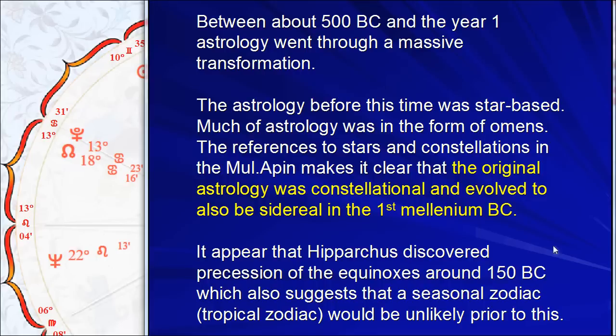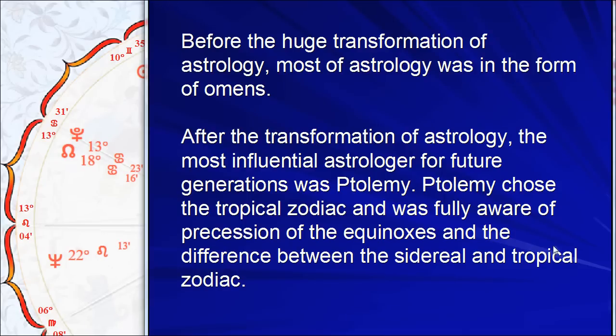So those astrologers who claim that the original astrology is constellational are correct. It is. But it depends on what you call astrology, because astrology becomes so radically different after 500 BC. And if you want to refer to astrology after it underwent this huge transformation, then at that point, after the transformation, constellations are not emphasized as much.